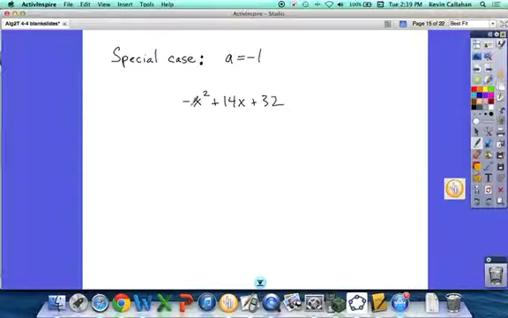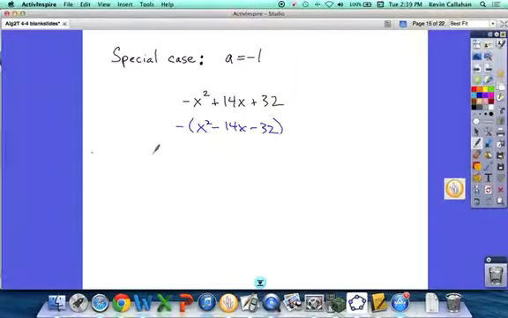And this is what they do to solve something like this. They say, let's write it like this. Make a set of parentheses, and then make each one of these the opposite sign. So this becomes x squared minus 14x minus 32.